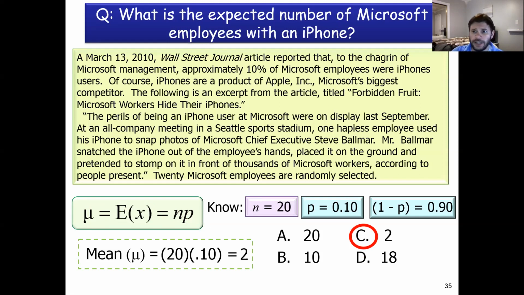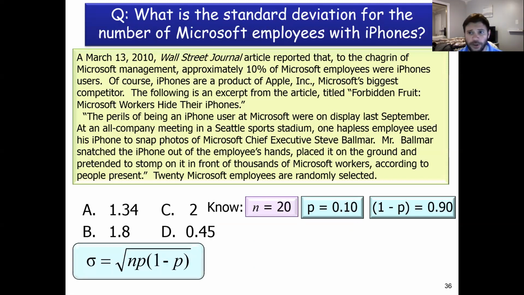Similarly, if we wanted to know the standard deviation for the number of Microsoft employees with iPhones, we know on average there'll be 2 of them out of the 20 that are randomly selected. But what is the standard deviation? Well, again, we can more or less plug and chug here given the formula for the standard deviation in the slide here.